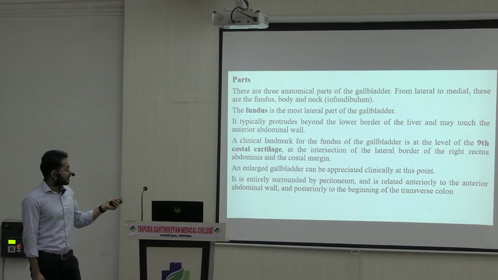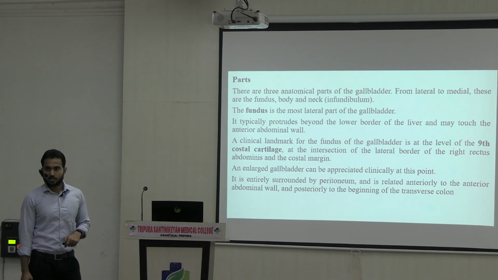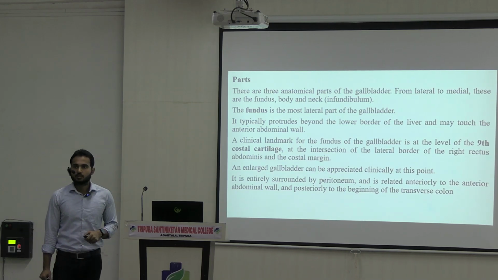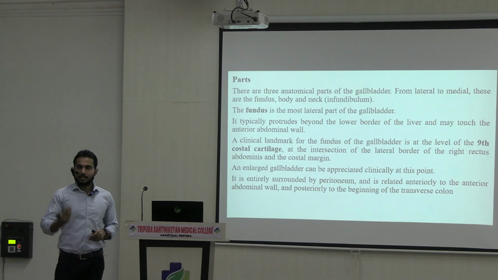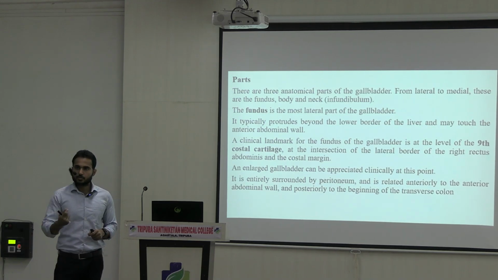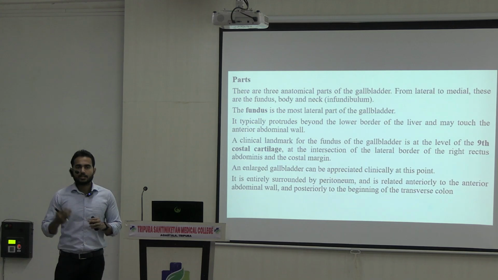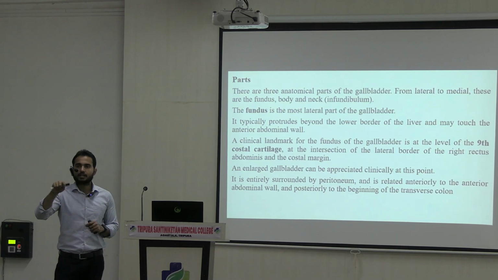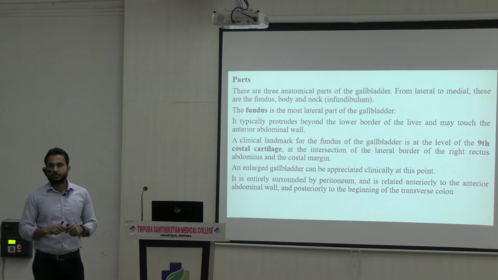A clinical landmark of the fundus of the gallbladder is at the tip of the 9th costal cartilage, at the intersection of the lateral border of the right rectus abdominis muscle and the right costal margin. At the tip of the 9th costal cartilage, the fundus of the gallbladder can be felt.